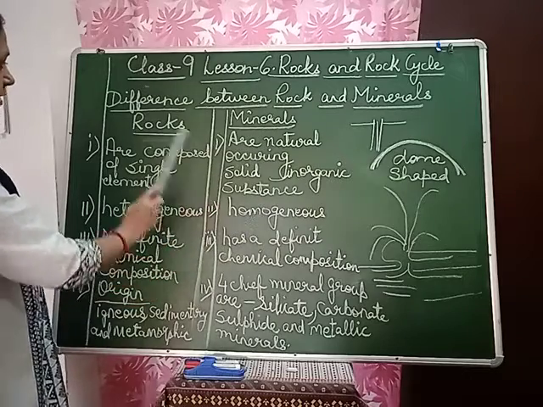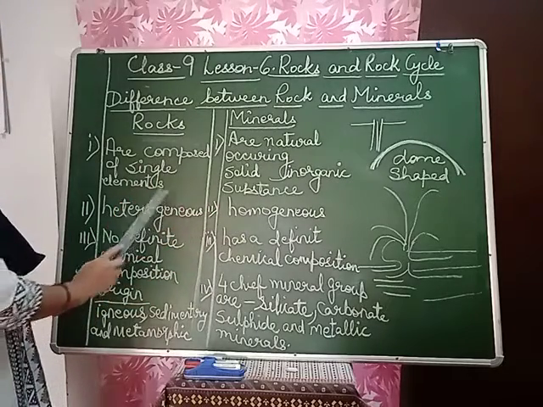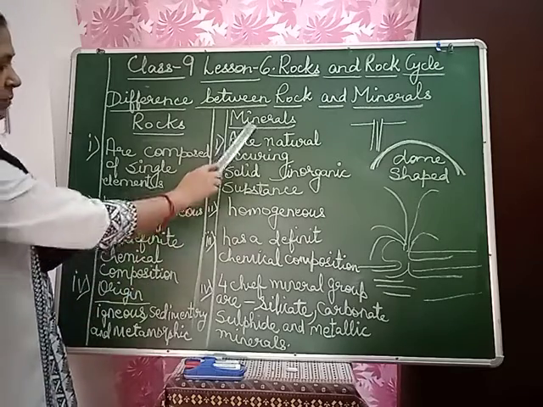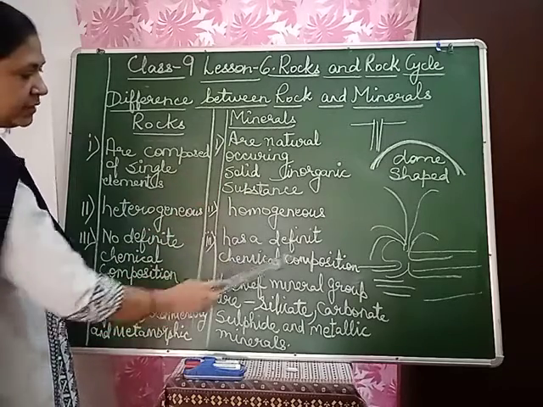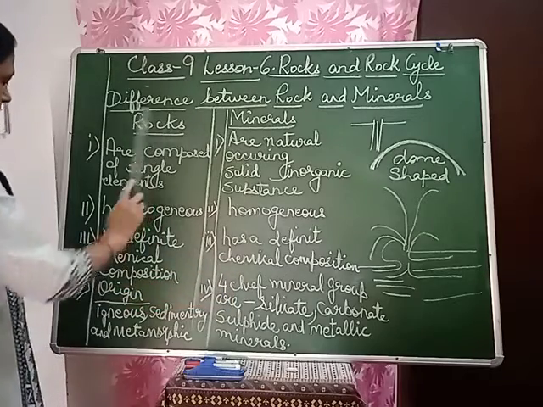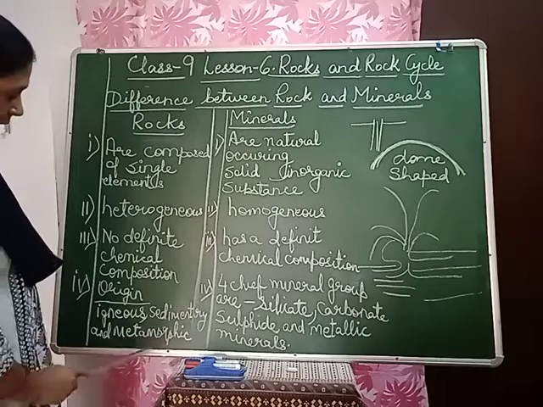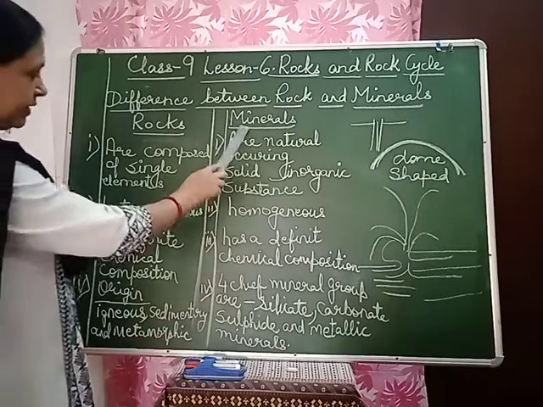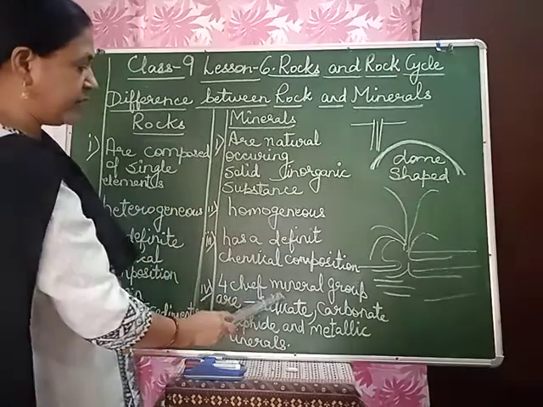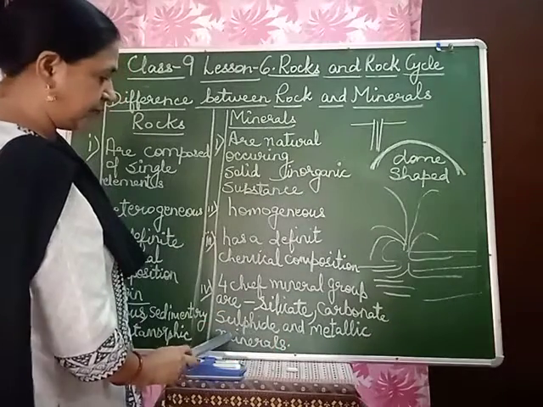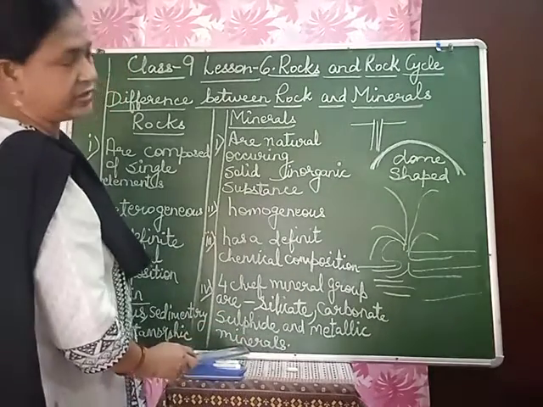Minerals are homogeneous, rocks are heterogeneous. Rocks have no definite chemical composition; a mineral has a definite chemical composition. Rocks, by origin, are igneous, sedimentary and metamorphic. Minerals: the four chief mineral groups are silicate, carbonate, sulfide and metallic minerals.